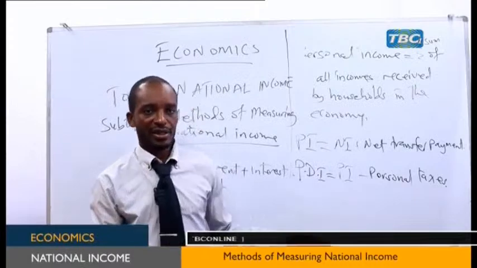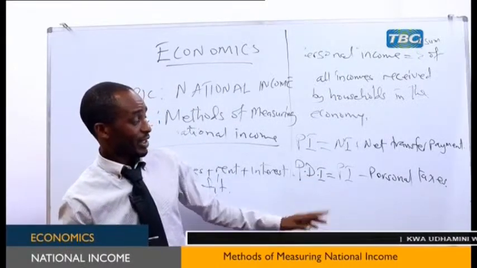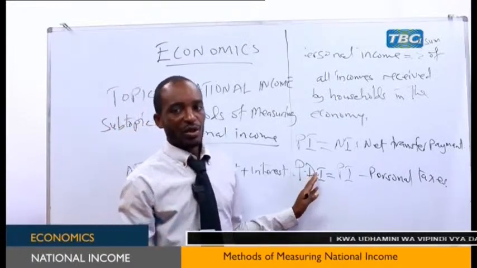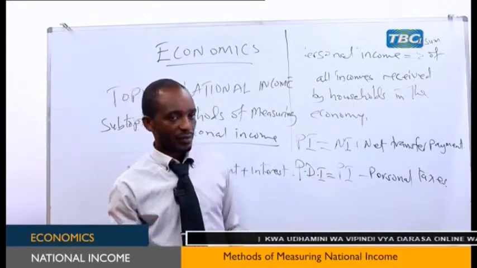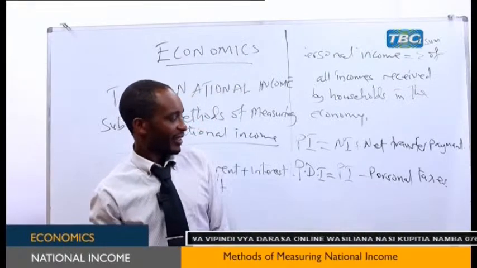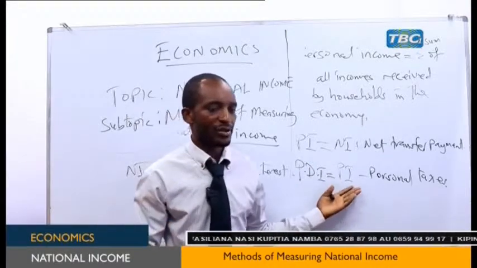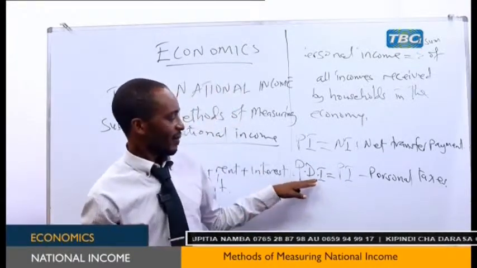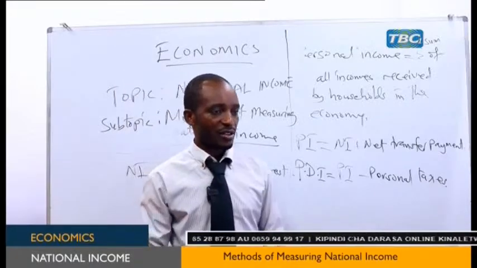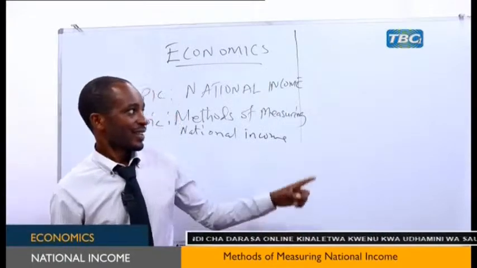When you subtract the personal taxes, you remain with personal disposable income, and this will be used for consumption and for saving. So the amount you are free to consume and to save is the personal disposable income. Okay, now let us go ahead and see the following problem.